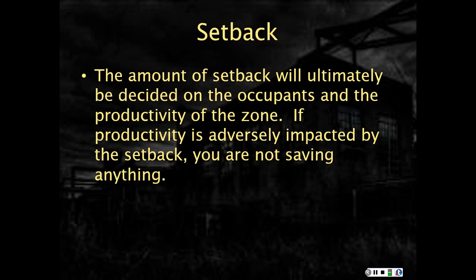So the amount of setback will ultimately be decided on the occupants and the productivity of the zone. When you start implementing setback, you want to watch productivity. If it's adversely impacted by the setback, you're not saving anything, so you have to adjust accordingly. So ultimately, this particular recommendation will be very dependent on how much you're impacting the productivity of the customer's building.